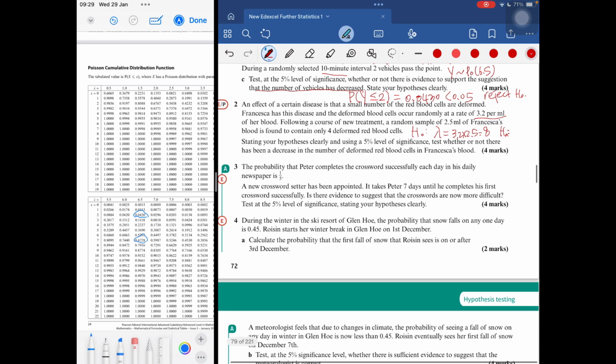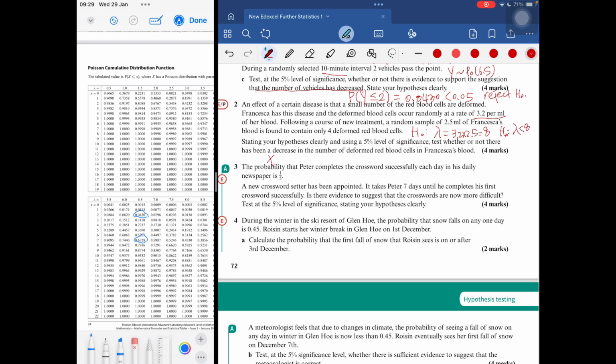And the alternative: what is the new treatment to do? Stating whether there has been a decrease. Okay, again, less than 8.